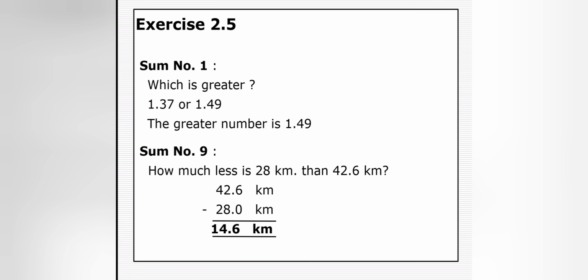Now here, children, the other sum is sum number 9. How much less is 28 kilometer than 42.6 kilometer? Now, children, to find the answer, what is to be done? Yes, correct. We have to subtract 28 kilometer from 42.6 kilometer.